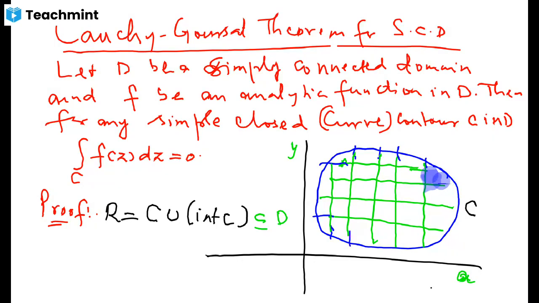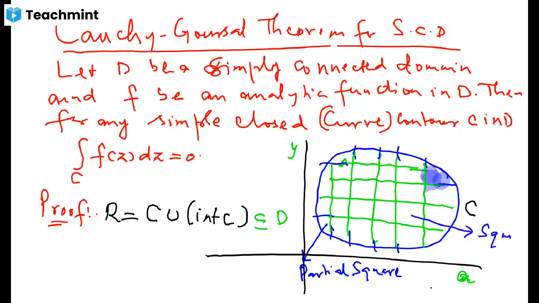Those which are squares we will call squares, and those which are not squares, we will call a partial square. Where it is a complete square, we just call it a square.